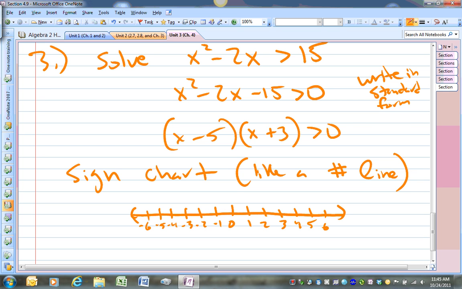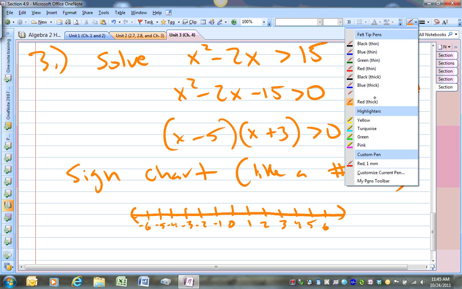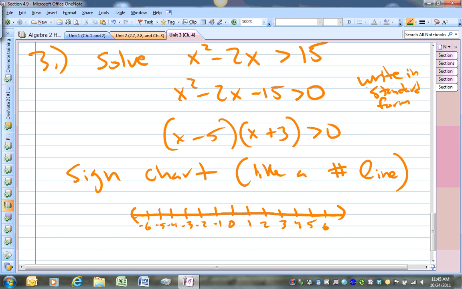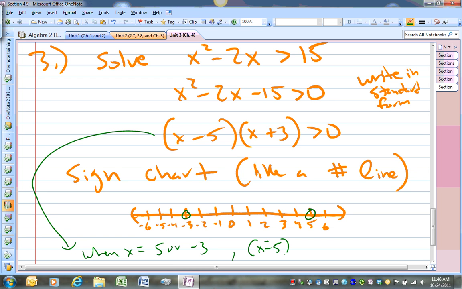Now, what you want to do is first locate the zeros or the roots, which are at 5 and negative 3. Because if you think about it, when x equals 5 or negative 3, x minus 5 times x plus 3 will equal 0.